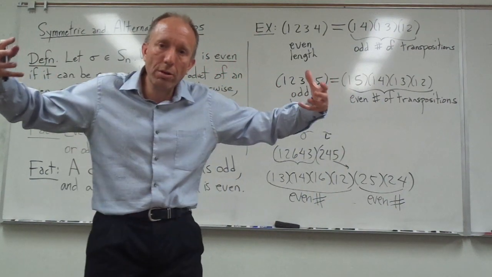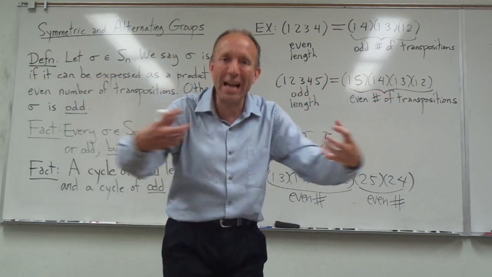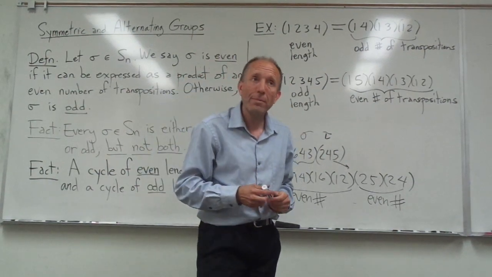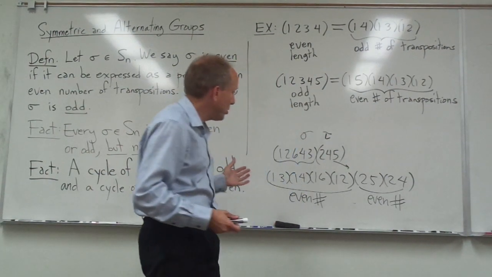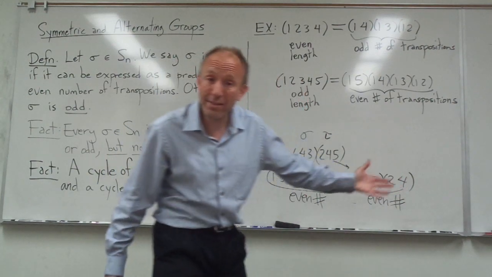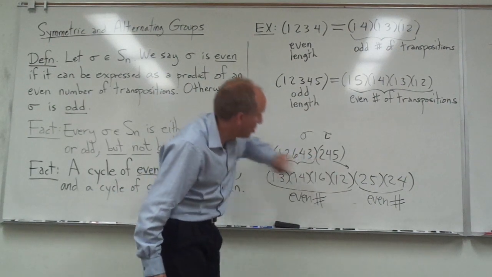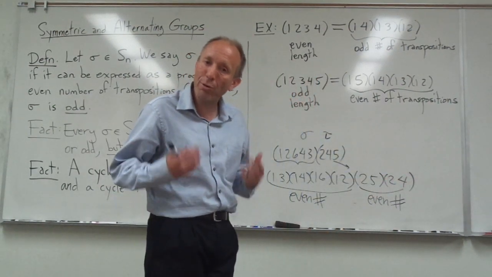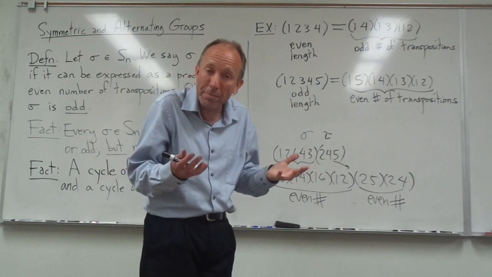So when you smash them together as a multiplication, or what we call composition, how many transpositions do we end up with here? Well, we end up with 6. 4 transpositions in sigma, 2 transpositions in tau, for a total of 6, which is still even.